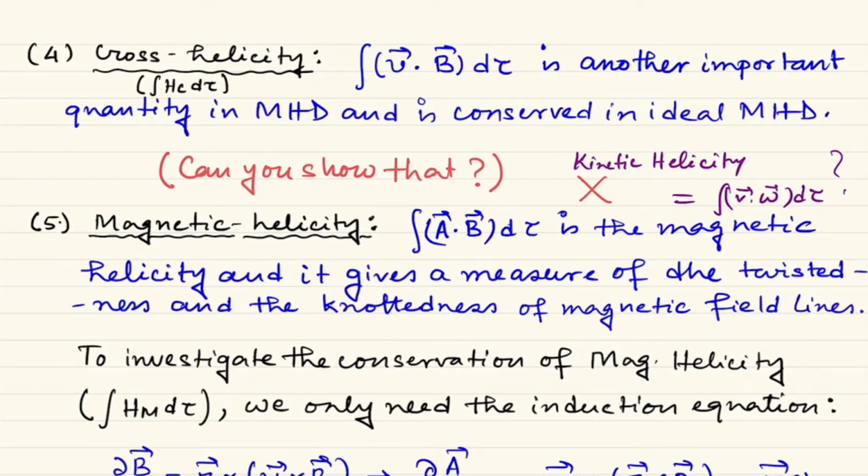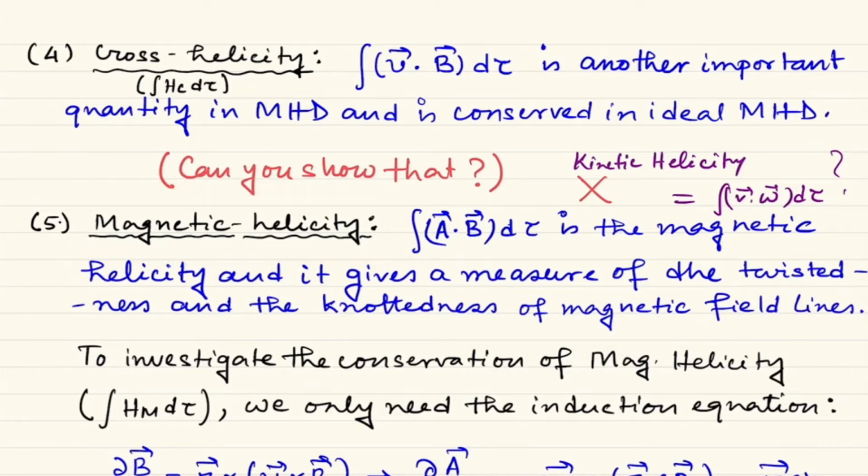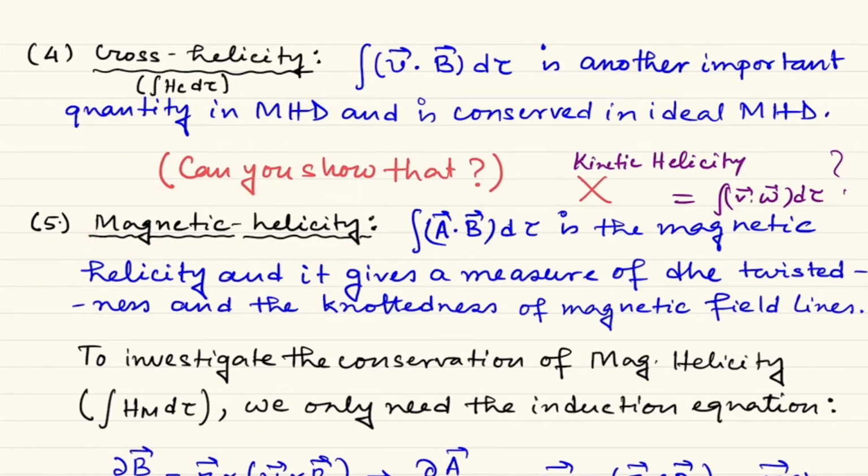So if we can show that this is an inviscid invariant for compressible MHD, it is also an inviscid invariant for incompressible MHD, and vice versa, because we don't need the fluid momentum evolution equation or the continuity equation.